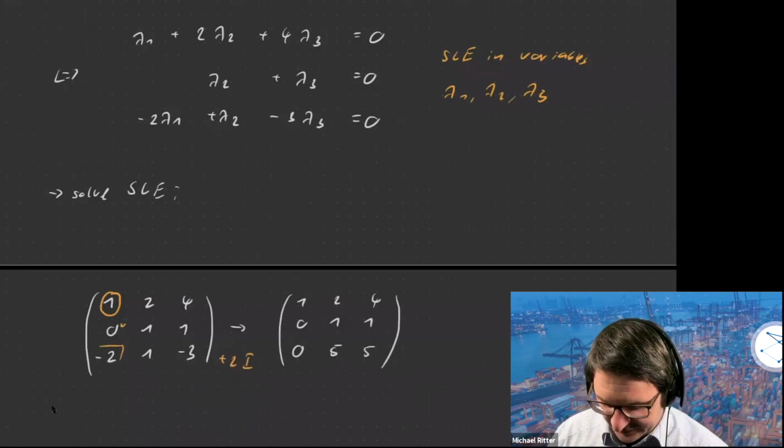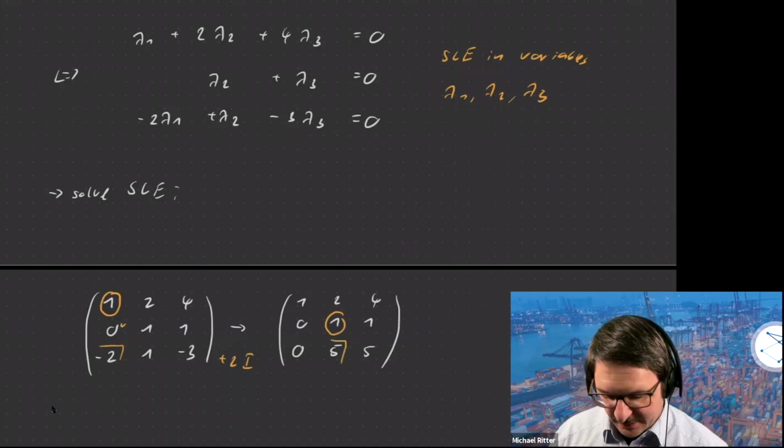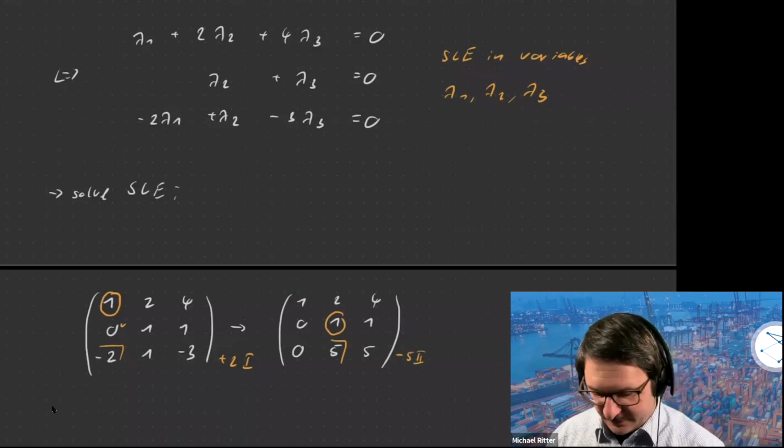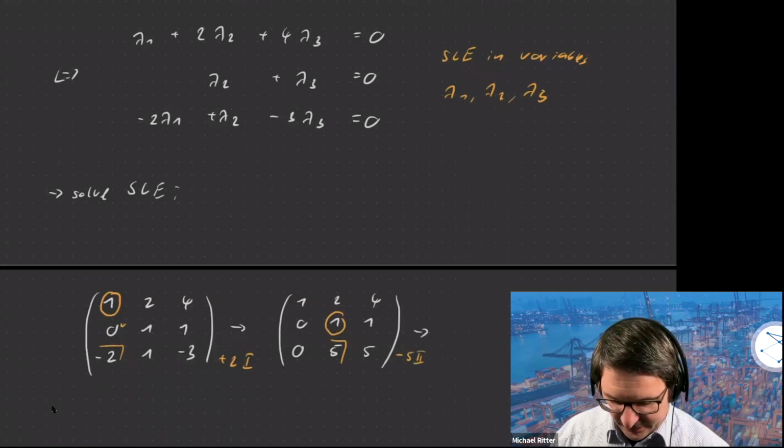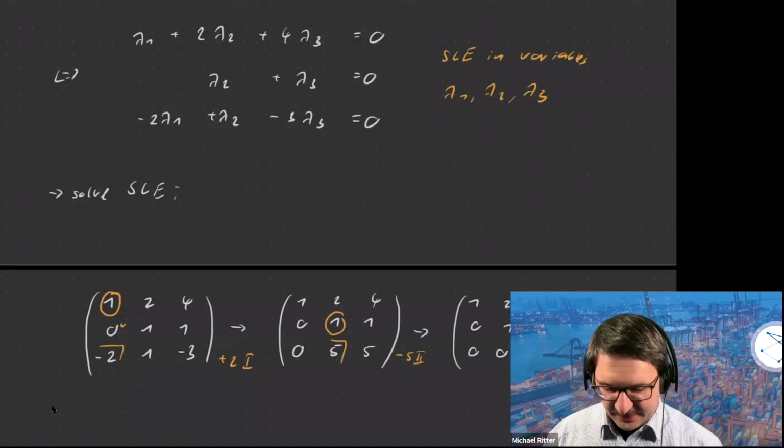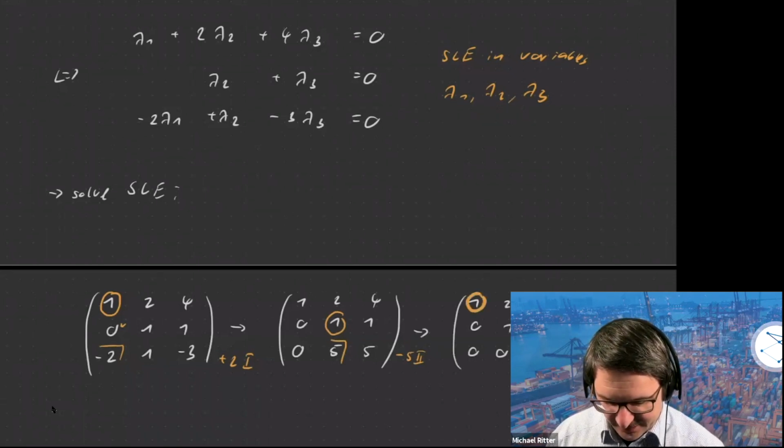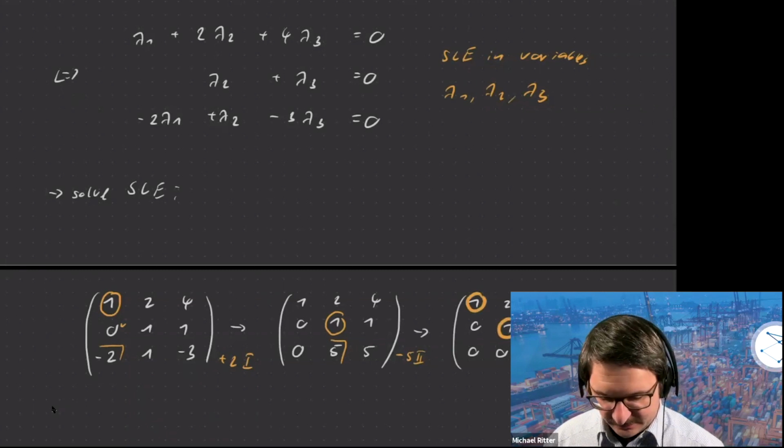And now for the next step, we take this pivot element here, and we subtract it 5 times from the third row. And we get 1, 2, 4, 0, 1, 1, and 0, 0, 0. So we have 2 pivot elements, this and this one.